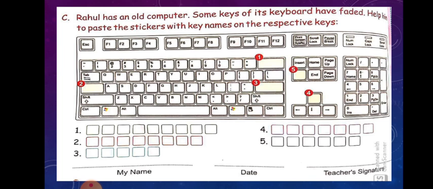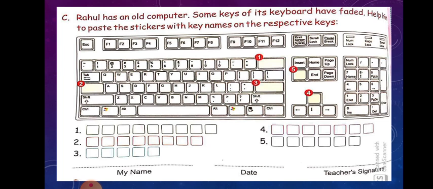It is backspace key. B-A-C-K, back, S-P-A-C-E. The correct sticker that Rahul should paste over there is backspace. Second one, it's caps lock key. C-A-P-S, caps, L-O-C-K, lock. Caps lock key. Now third one is enter key. E-N-T-E-R, enter key. Fourth one is arrow key. Which key?